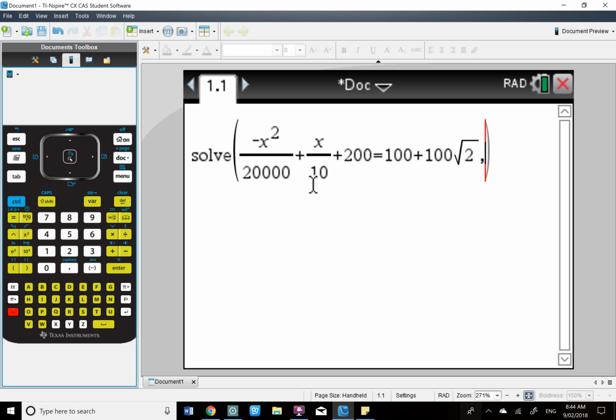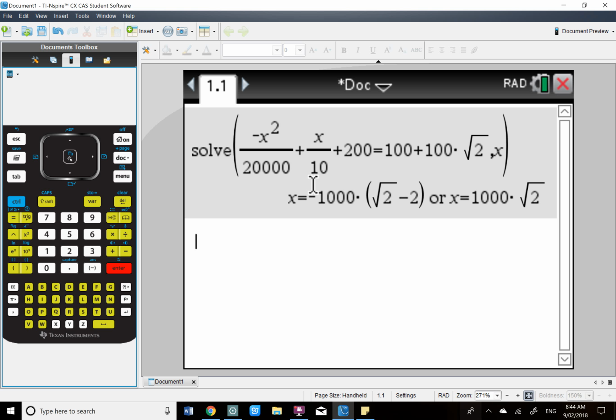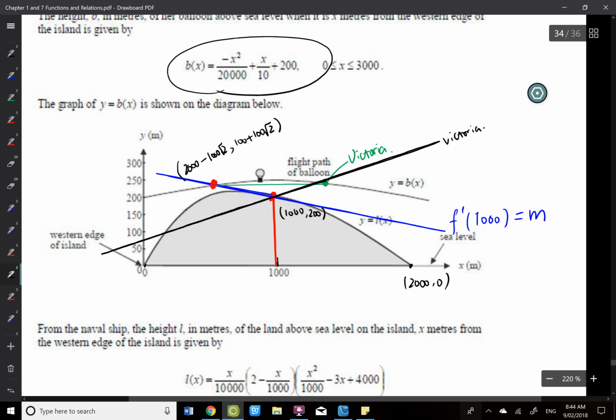And then comma x. For that, we can see this value is the left hand side value, the 2,000 minus 1,000 root 2. So the other value must be 1,000 root 2. So this green point is 1,000 root 2 comma 100 plus 100 root 2.